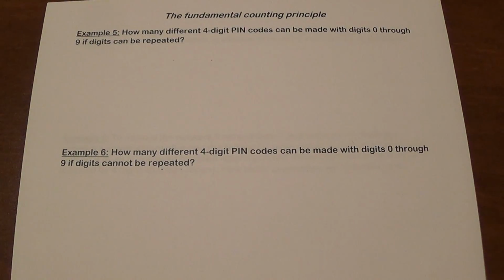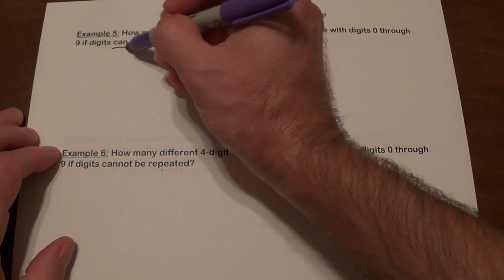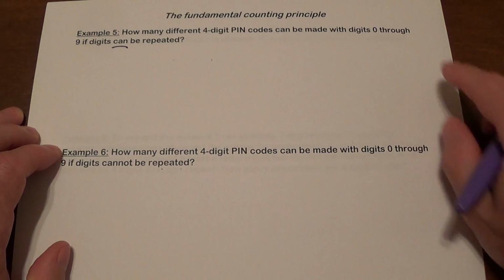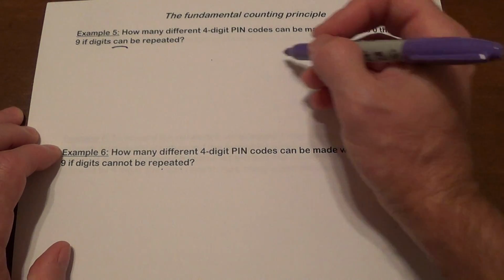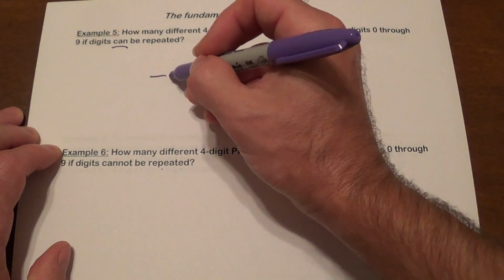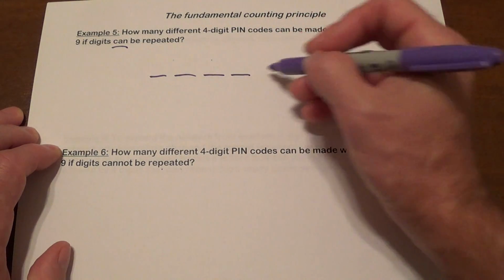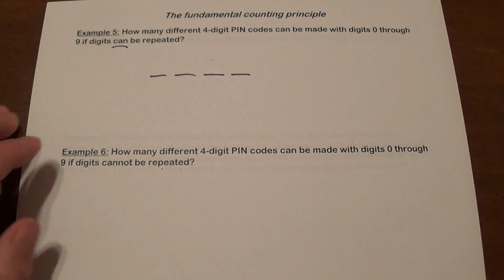Now we're getting to something a little more interesting. How many different 4-digit PIN codes can be made with digits 0 through 9 if digits can be repeated? So from 0 to 9, that's 10 digits. So you have a 4-digit PIN code. This is how I often do it.